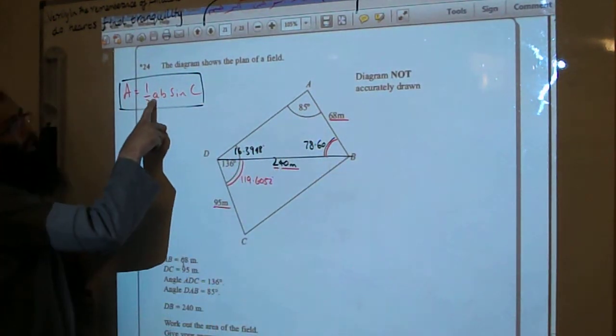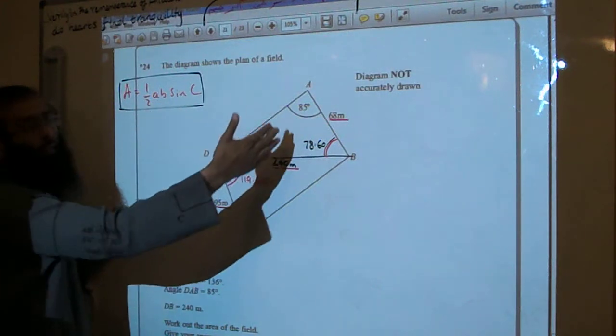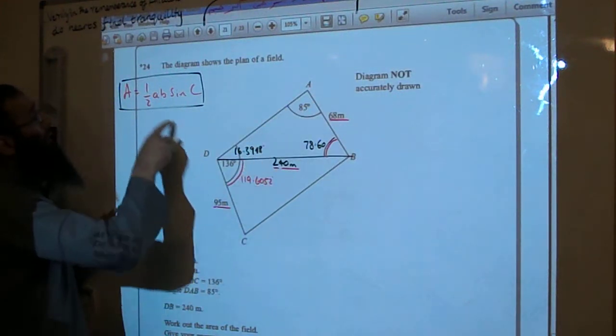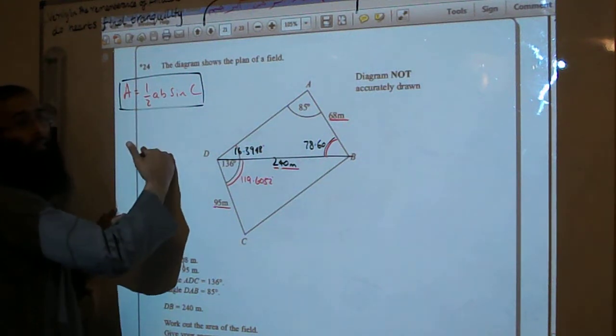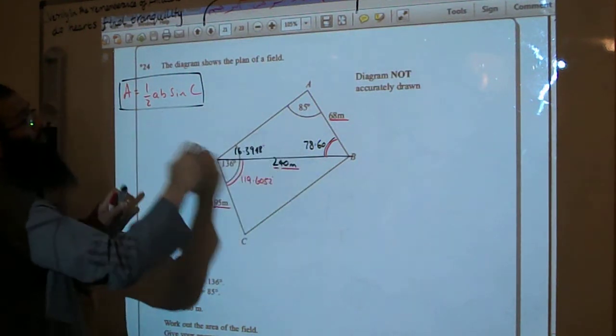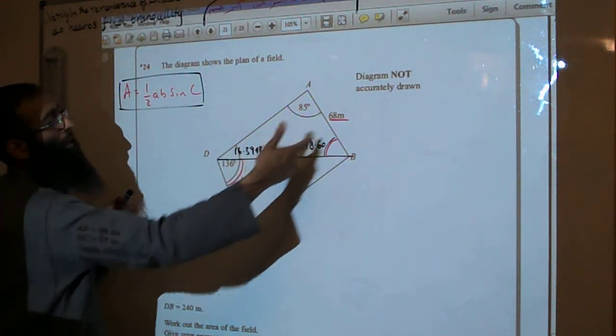Now, here the a and b don't correspond to any of these particular lengths on the diagram. a and b literally means the adjacent sides, the sides either side of the angle. So I'm going to call this one my a and this one my b.